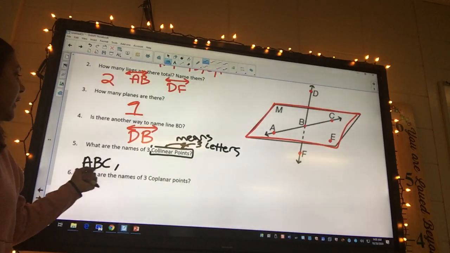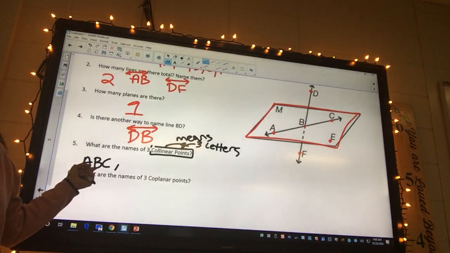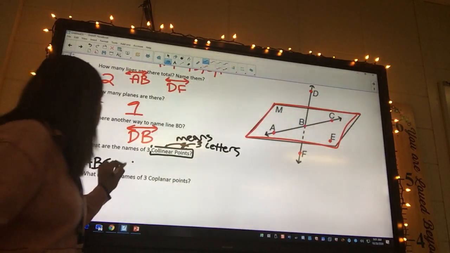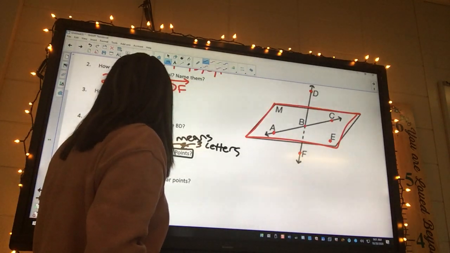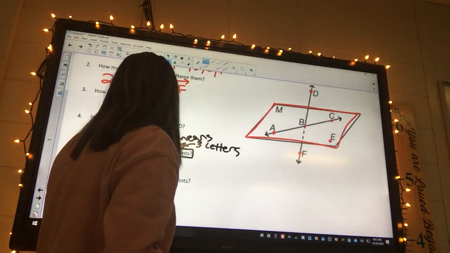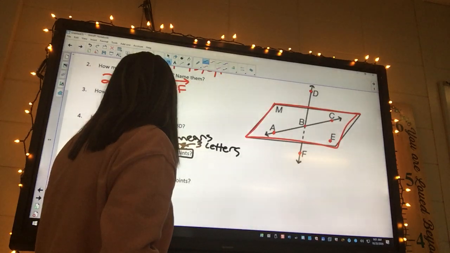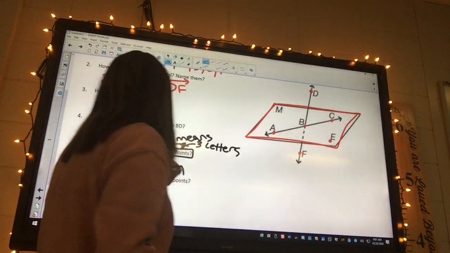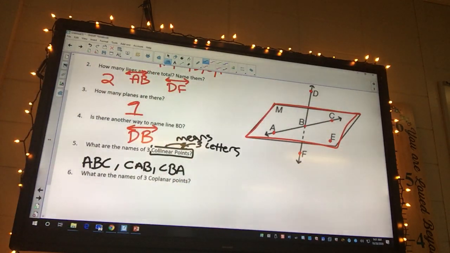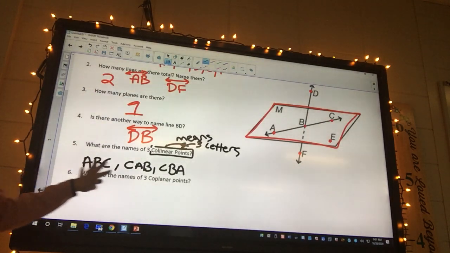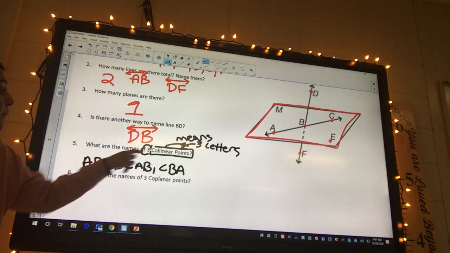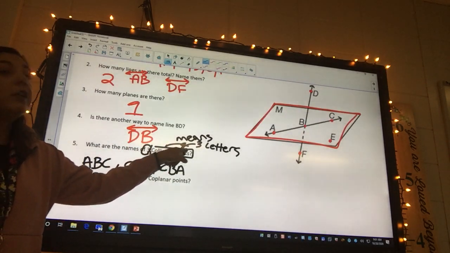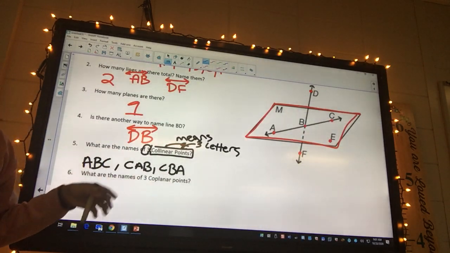And if we look at ABC, what's another way I can rename ABC? CBA. And CAB would work too. So we have 3, that's where this 3 came from, 1, 2, 3. Collinear means 3 letters for points.